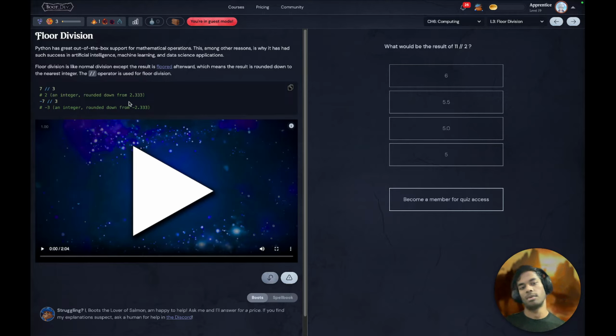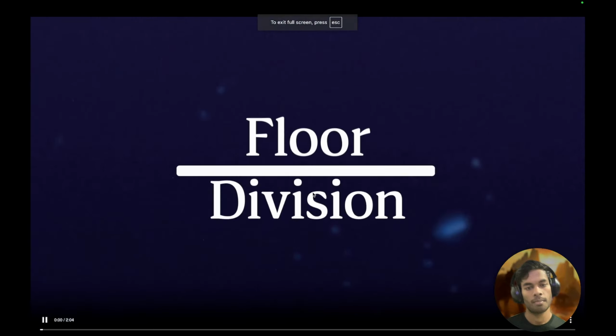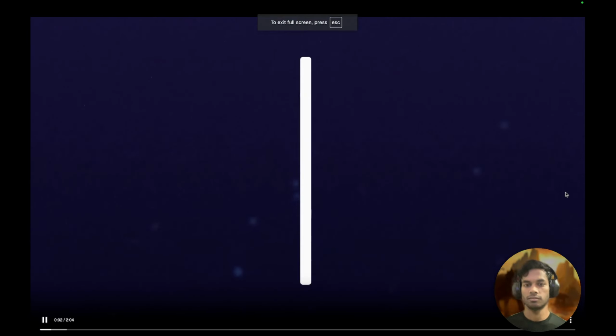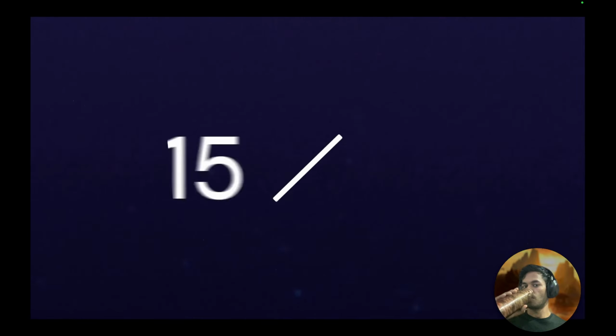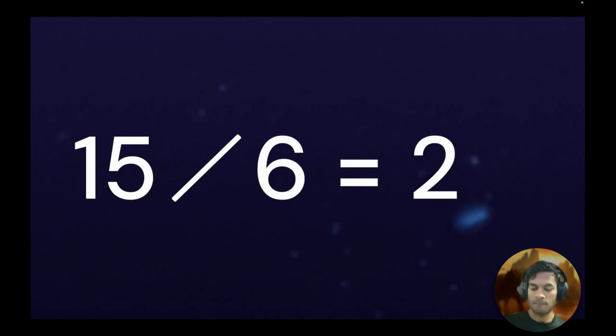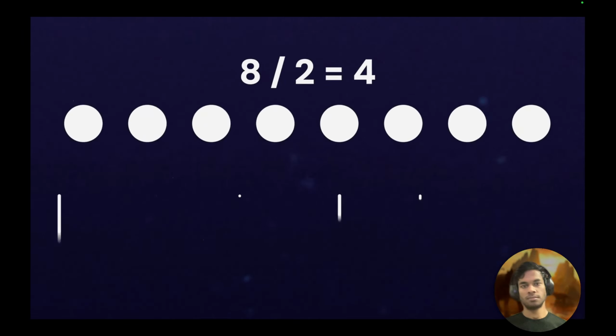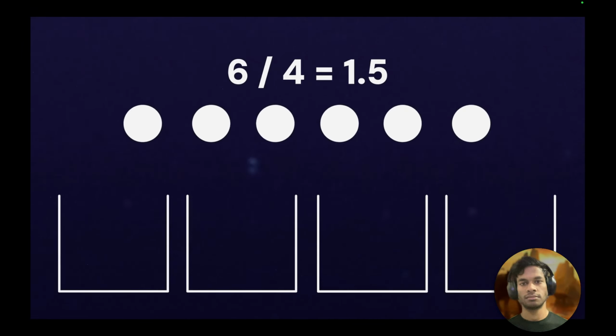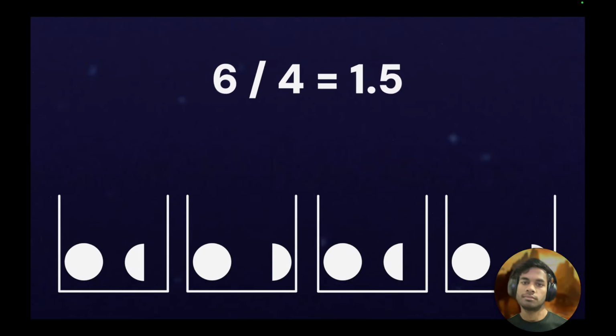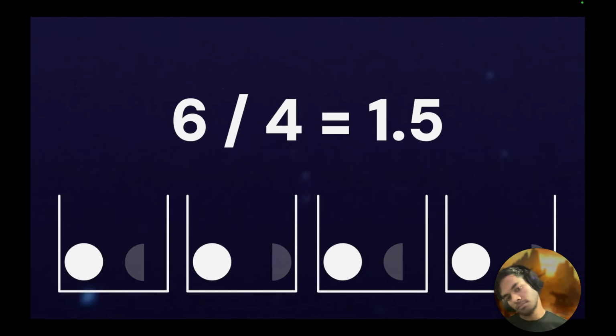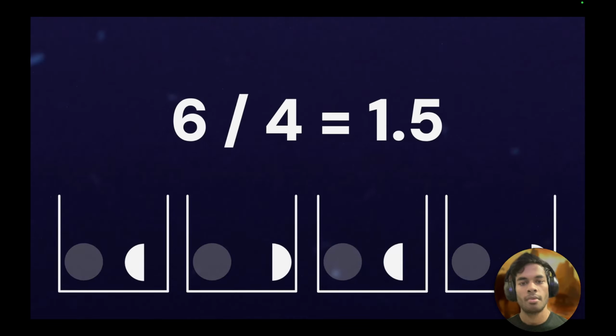Yeah, minus 3. Floor division is just like regular division, but there's a slight twist. The remainder is ignored, or truncated, or dropped, at least with positive numbers. Let's go over a few examples, but first with regular division. 6 divided by 3 is 2. 8 divided by 2 is 4. And 6 divided by 4 is 1.5, because 4 goes into 6 one whole time, and then half a time more, right?